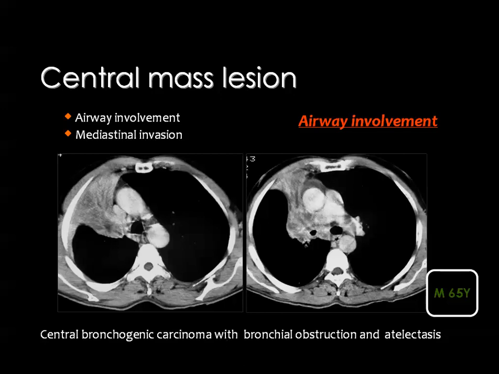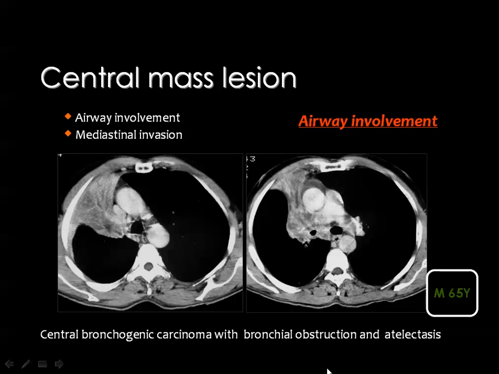And invasion of the airway may result in obstruction of one of the bronchi with consequent distal consolidation collapse of the lobe. Then one of the major disadvantages of CT is that it cannot separate the margin of the tumor from the margin of the consolidation in many cases, because the tumor has almost the same density as the adjacent consolidation.